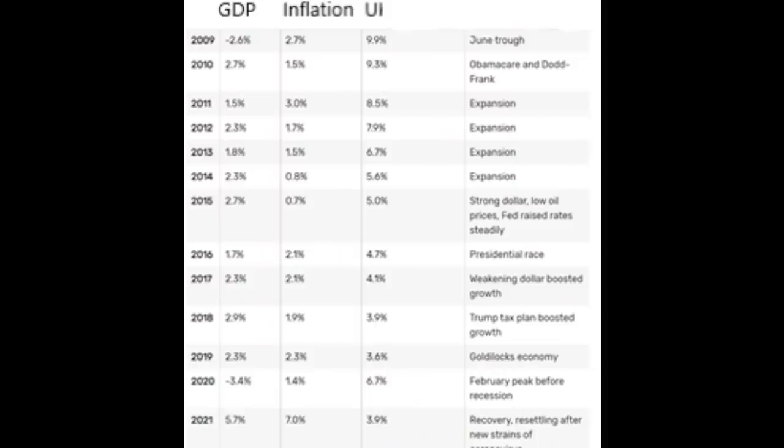So this is what we looked at in 2021. If you look at the bottom of this chart, okay, 2021 we had 5.7% GDP. What do we have there? I can't quite read. 7% inflation and 3.9% unemployment. Okay, so just remember those.